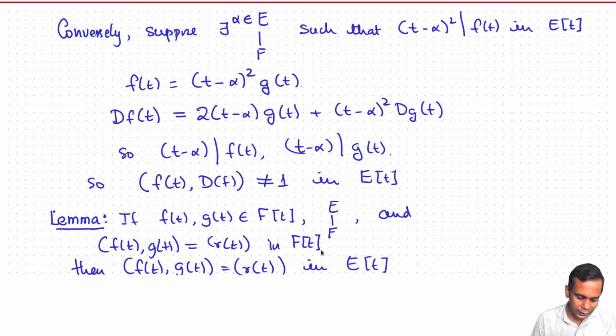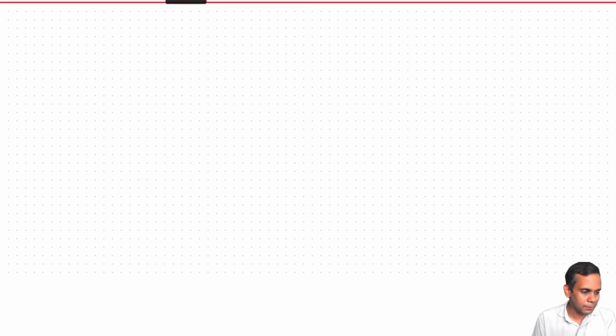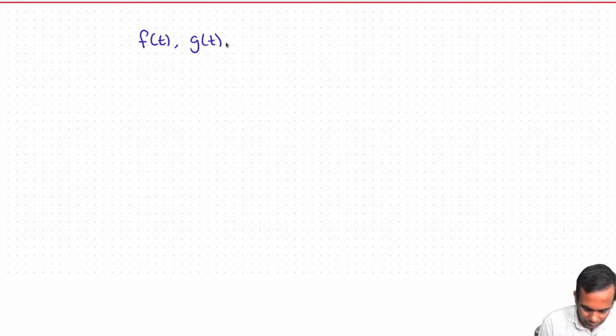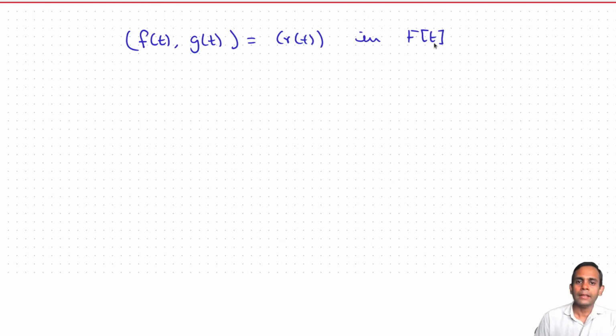The proof of this is not very hard. It mostly just proceeds by thinking about what it means for these two ideals to be equal. We know that (f(t), g(t)) is equal to (r(t)) in F[t], and we want to establish the same result in E[t]. This is the same as saying that r(t) lies in the ideal generated by f(t) and g(t).